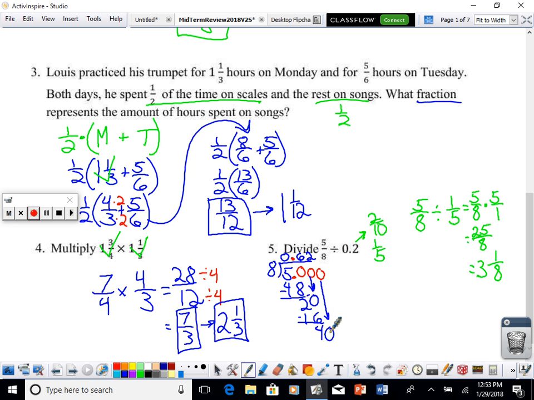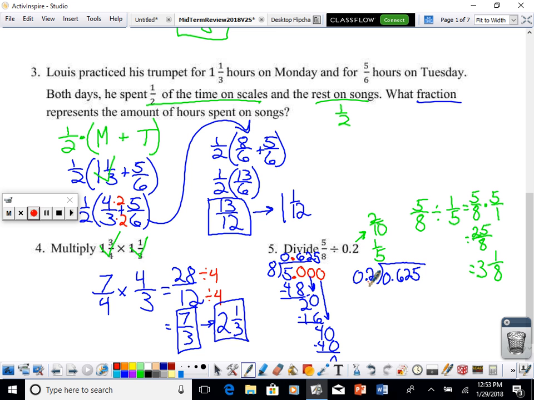Just remember right here, I need to move this decimal over 1 spot, which means I also need to move the decimal in my dividend over 1 spot, which means my quotient decimal is now right here. Now, I treat this 0.2 like a regular integer 2. Well, 2 doesn't go into 0, but 2 will go into 6 3 times, because 3 times 2 is 6. Subtract, and we'll get 0.